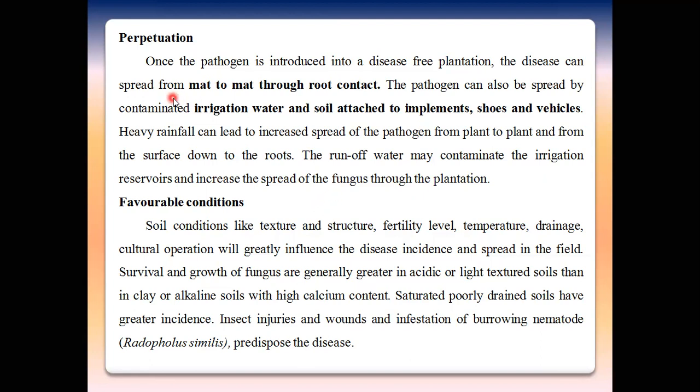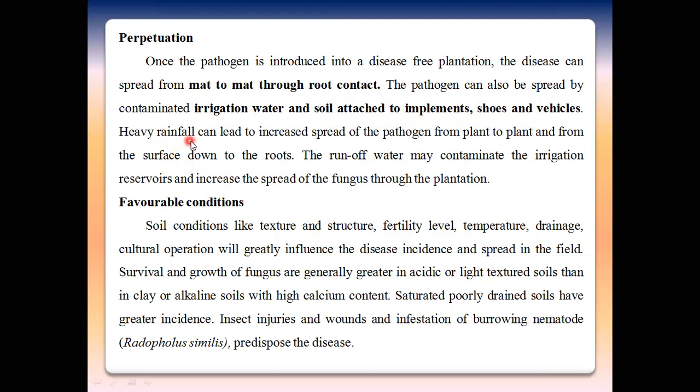The disease spreads from one plot to another plot or one plant to another plant through root contact. Use of diseased rhizomes or suckers for planting purposes initiates the initial infections. Already produced in the banana plants, these pathogens spread through irrigation water or soil attached with implements, shoes and vehicles.